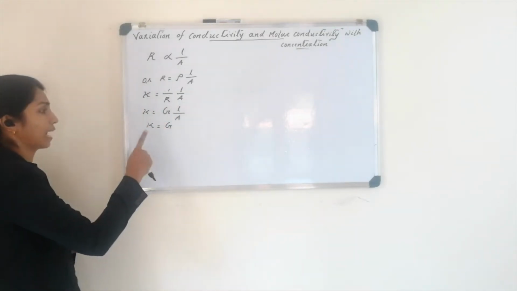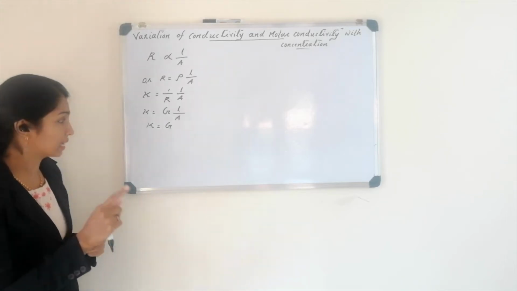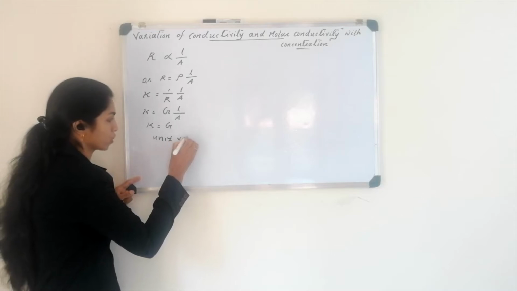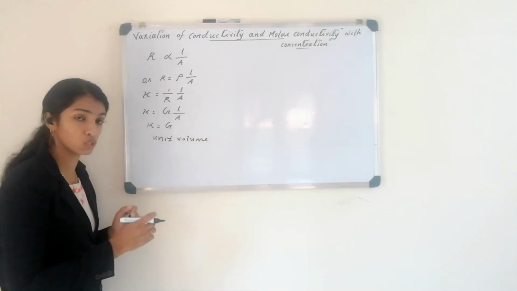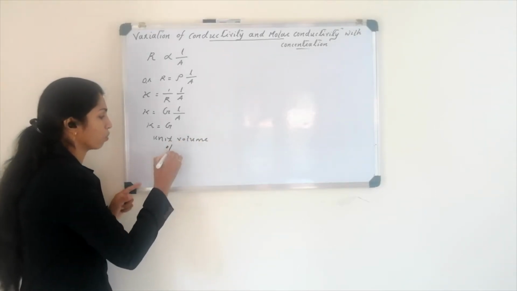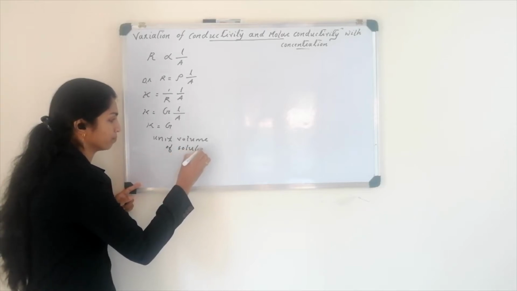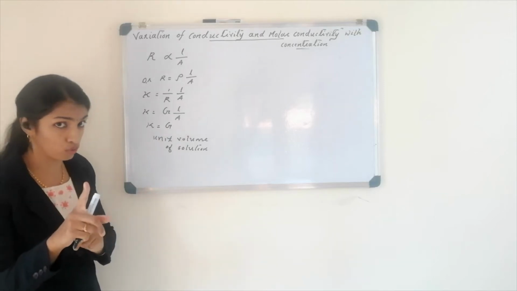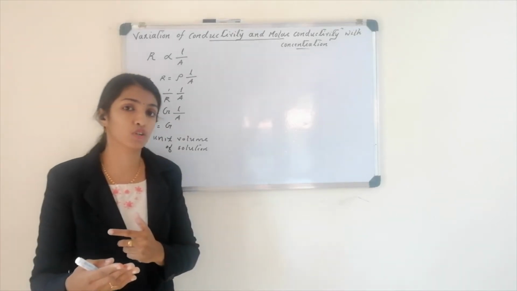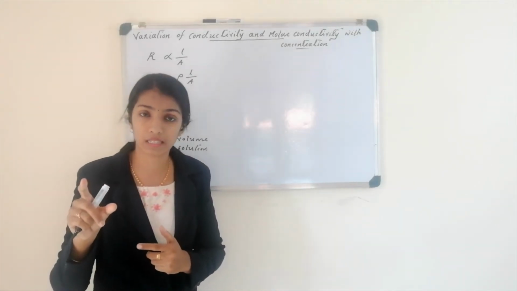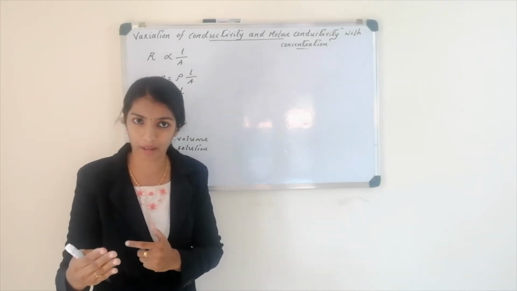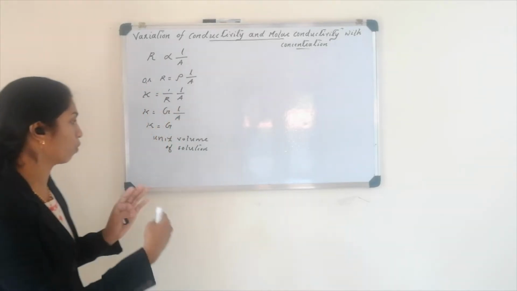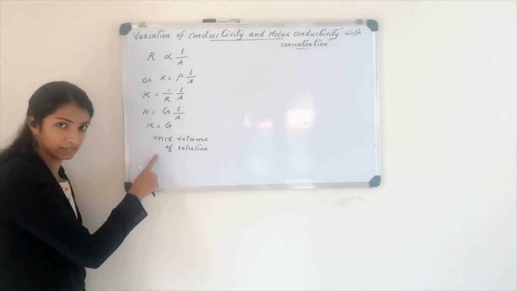So I repeat, the conductivity of a solution is the conductance of unit volume of a solution. Unit volume of solution means if length is equal to 1 and area of cross section is equal to 1, length into area is volume, so the volume of the solution will be unity.